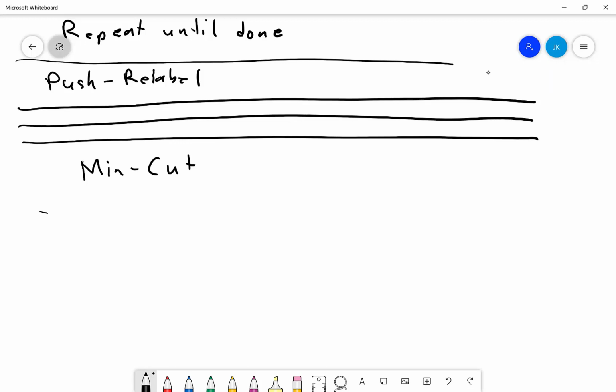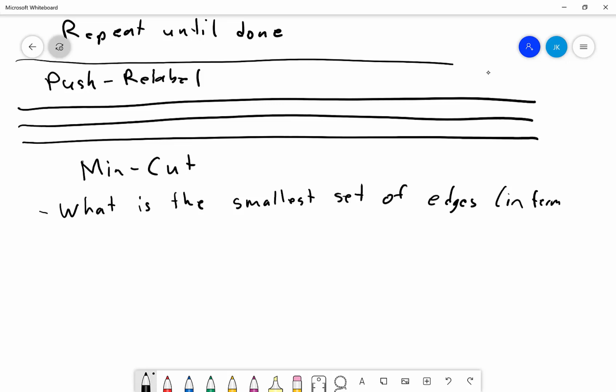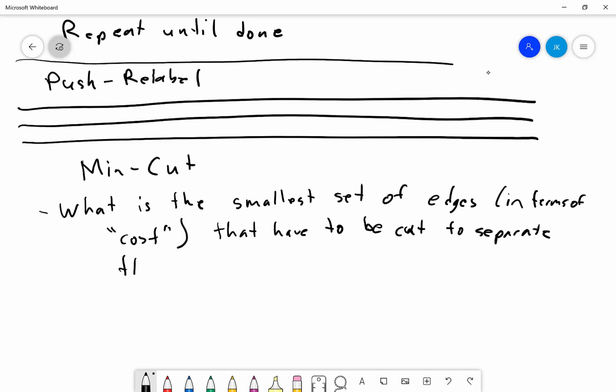And so the idea of min cut is you want to ask yourself, what is the smallest set of edges in terms of cost that have to be cut to separate the source and sink.